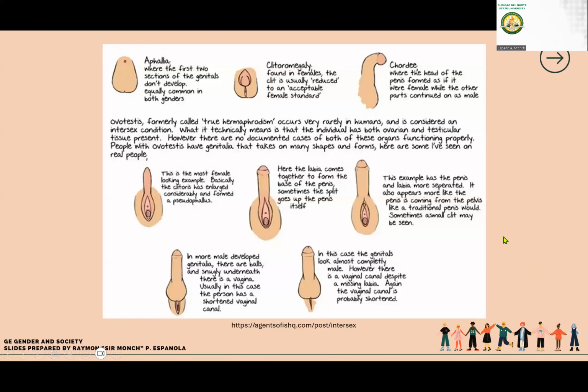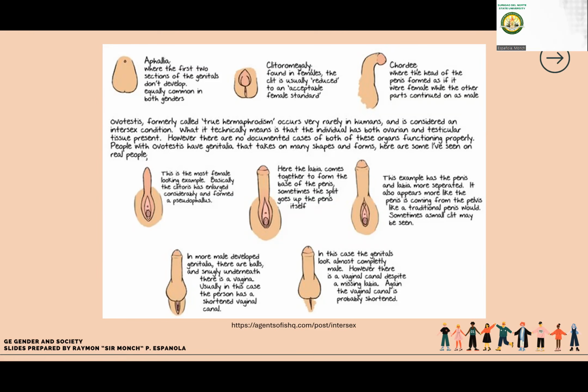The usual appearance of their organs would be like this one. So, aphallia, murag na ay gamay diha nagawasana ng ihi, no? Pero o naa siya'y testicle. Clitoromegaly. So, vagina siya na murag ang clitoris is bigger.